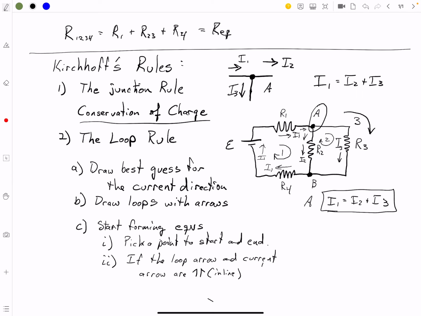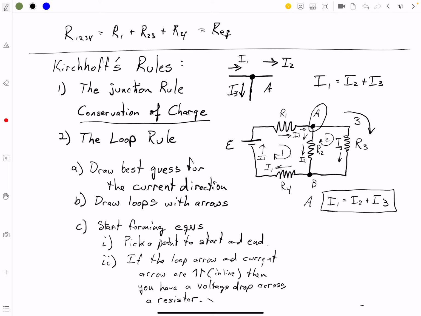Then it is a voltage drop. Okay, across a resistor. That's important. Or a component or whatever, but across a resistor in particular.